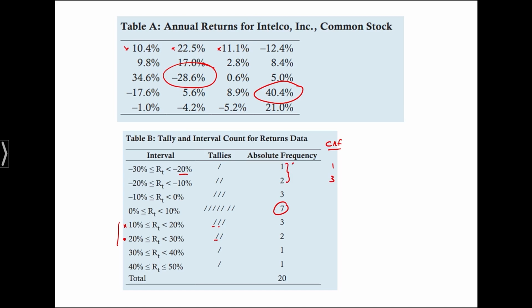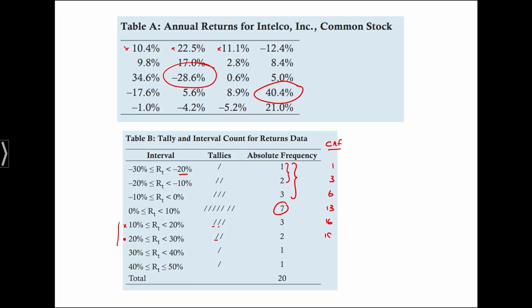So the next one takes the first 3 and adds them together. 1, 2, and 3. That gives us, of course, 6. So 6 observations lie below 0%. Add the 7. 13 observations lie below 10%. Add the 3. 16 observations lie below 20%.